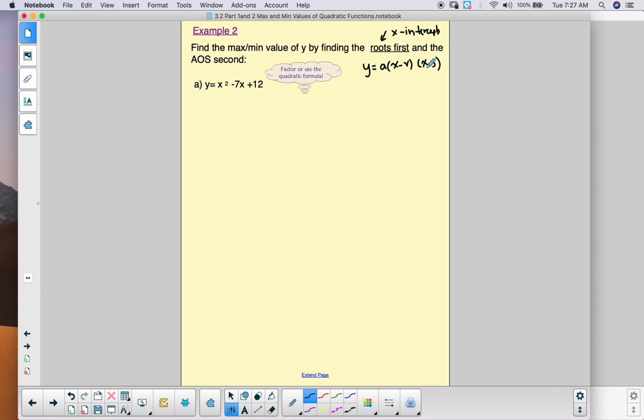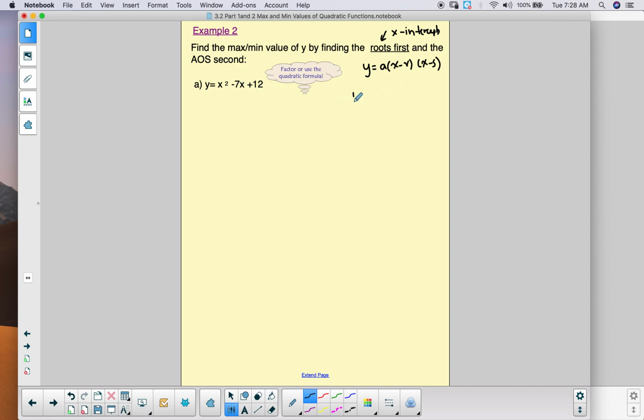And so how would we go from this given form, which is a standard form, to the factored form? We could factor it if it is factorable, or we could use the quadratic formula to find the roots. So let's try and see if we can factor it. So the a value is 1, the b value is -7, and the c value is 12. So find the factors of 12 that would add to give you -7.